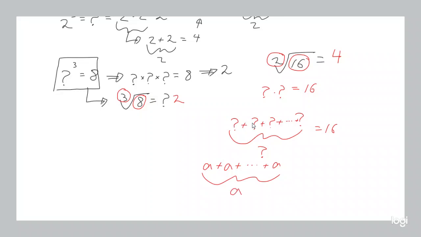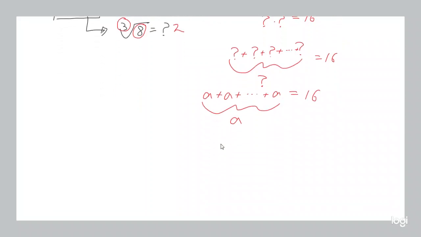So if a is 3, I'm going to add it up 3 times. If a is 4, I'm going to add it up 4 times. If a is 5, I'm going to add it up 5 times. What's that a that'll get me 16? And it turns out that a value is 4. If you add up 4 times, you get 16.